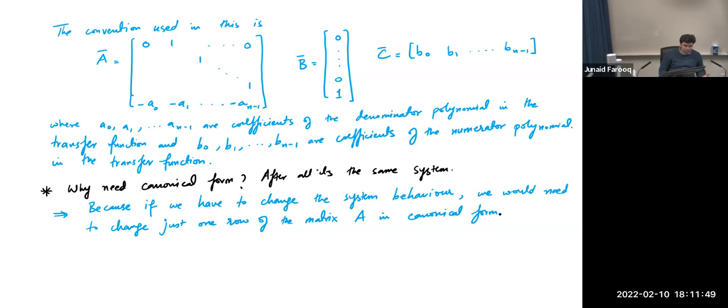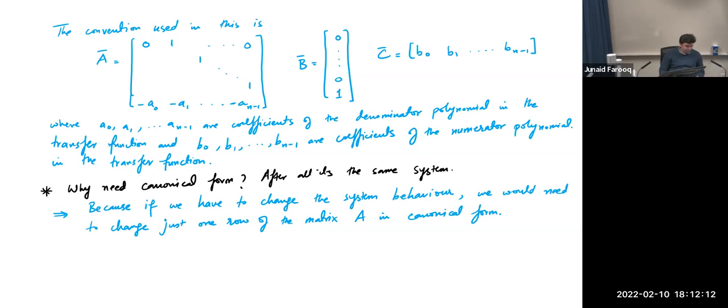So again, the idea is you have a system which is defined by x dot equals Ax plus Bu. Your system behavior is determined by the eigenvalues or poles of the matrix A. And now when you want to control the system, you actually just want to change the system behavior.